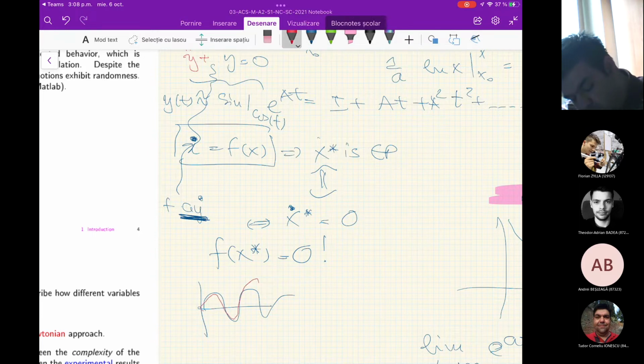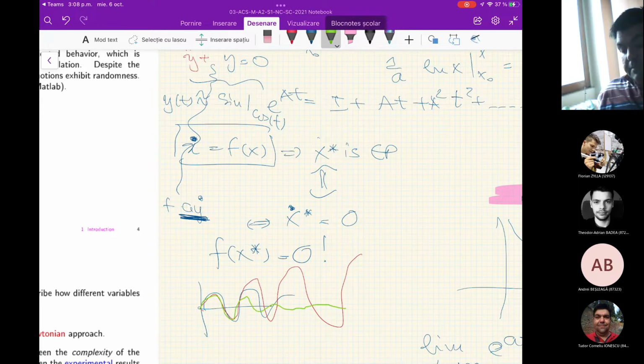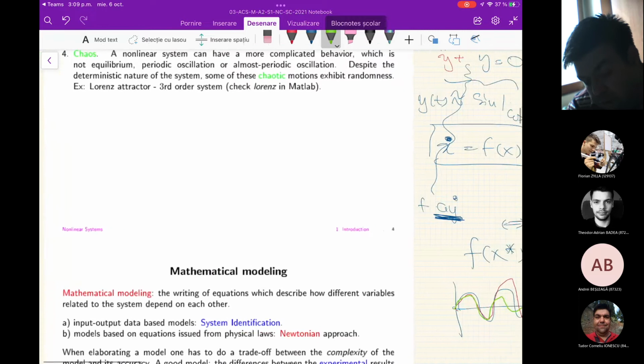They can either grow and become unstable, or if a is stable, they can also die out. So linear oscillations are not structurally stable, in the sense that they cannot be kept at constant amplitude and frequency.